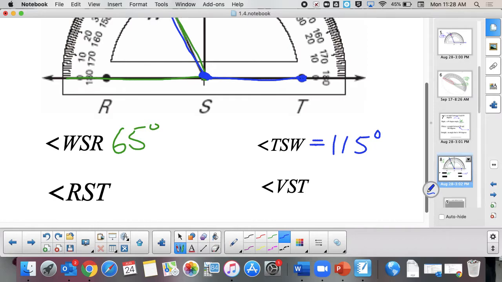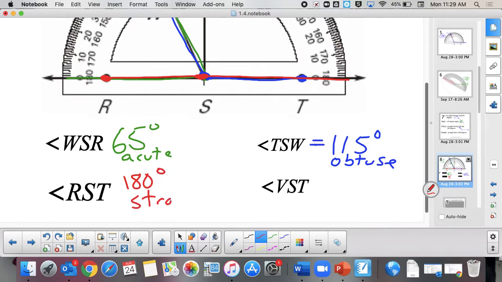They did also want us to classify these. So 115 is obtuse. 65, that is acute. Next up is angle RST. Angle RST starts at R, goes to S, ends at T. Here we have our 180 degree straight angle.